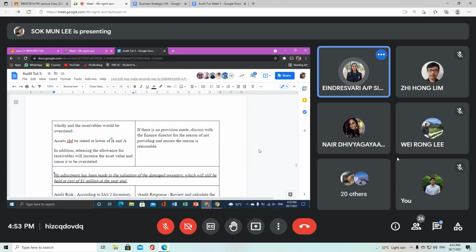According to prudence, right, cannot overstate the asset. What is this CA? Carrying amount and recoverable amount. So your asset should be stated at lower of cost and recoverable amount. So if the balance is not recoverable amount, you need to write down at the carrying amount, right?